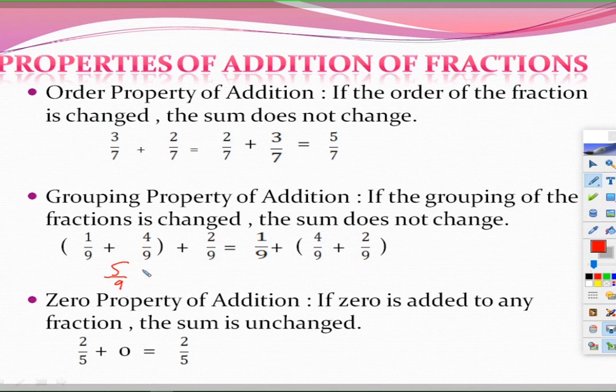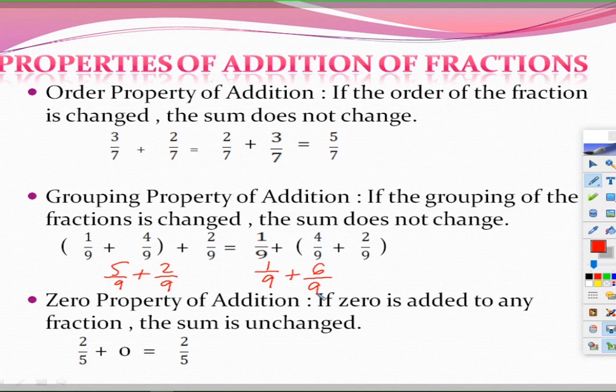Yes, 5 by 9 plus 2 by 9 is equal to your 7 by 9. Again the same thing we do here, 1 by 9 plus 4 plus 2, 6 by 9. So you can see that the sum does not change. The sum remains the same. If the grouping of the fractions is changed, the sum does not change.